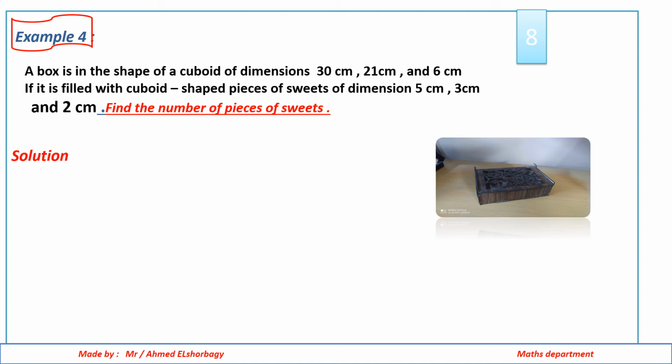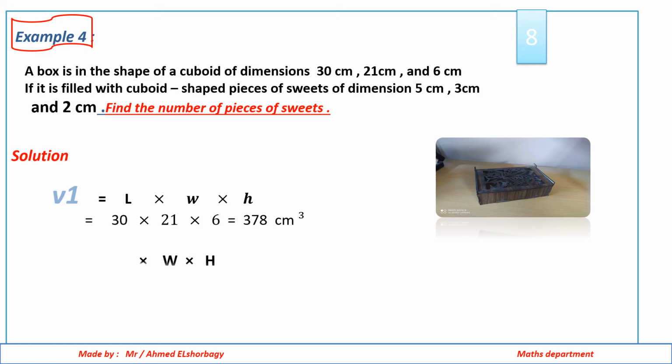Solution. The volume of the box, we have 3 dimensions, length and width and height. So from the rule, length times width times height equals 30 times 21 times 6. The product is 378 cubic centimeters.